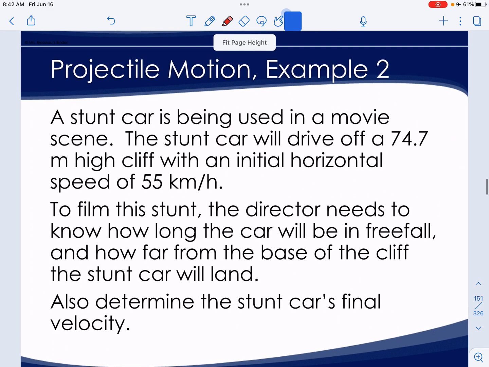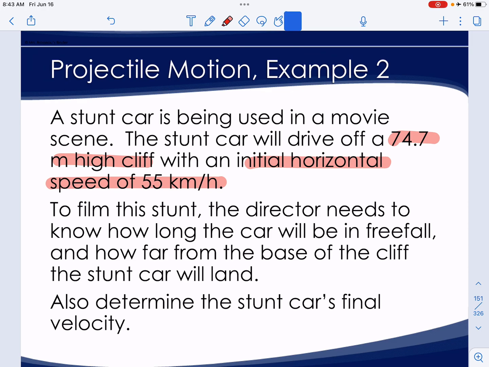Okay, so here's an example. A stunt car is being used in a movie scene. The stunt car will drive off a 74.7 meter high cliff with an initial horizontal speed of 55 kilometers per hour. To film this stunt, the director needs to know how long the car will be in free fall and how far from the base of the cliff the stunt car will land.